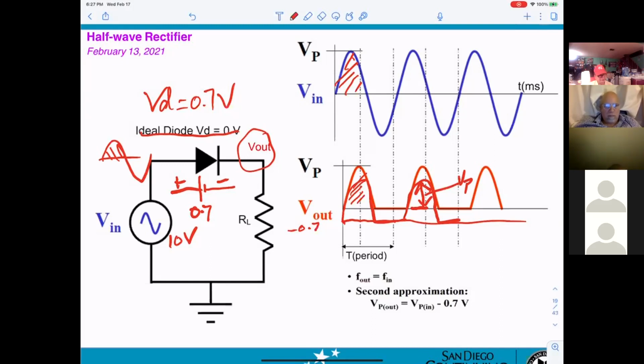It can be what voltage? 9.3. If I want to measure V peak in here, what voltage do you think? Vin is V out. Vin divided by 2 minus 0.7.